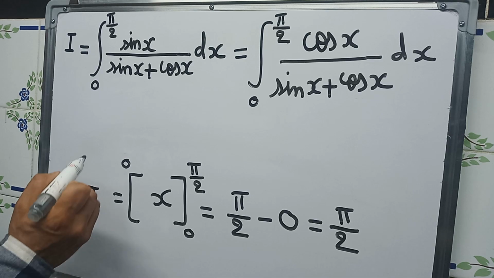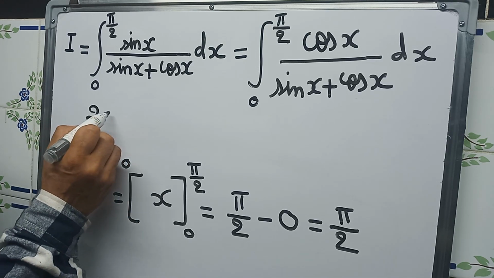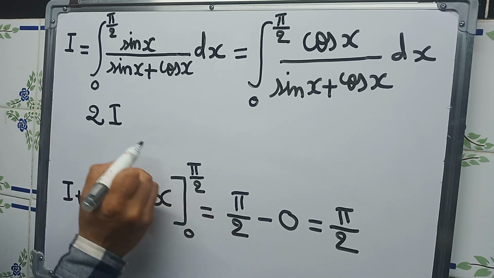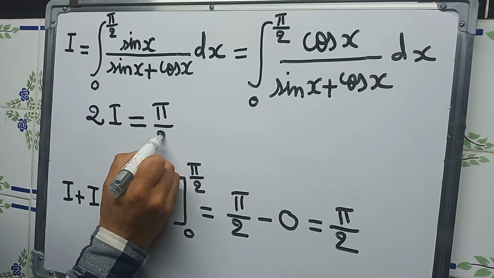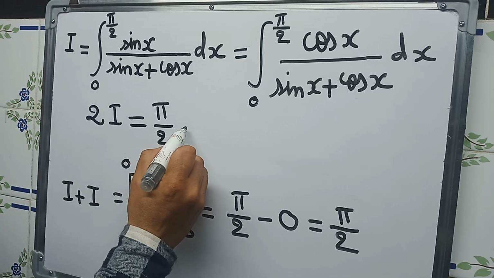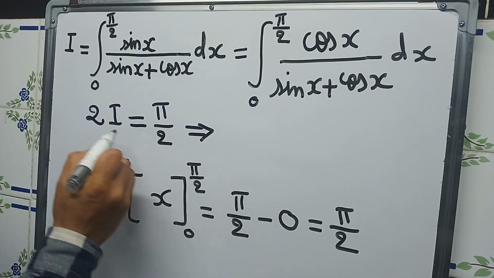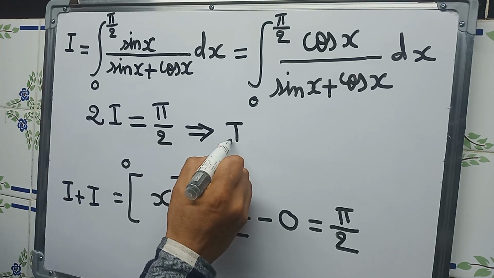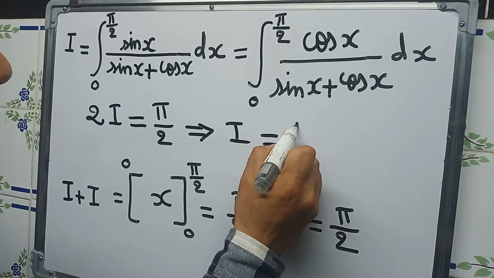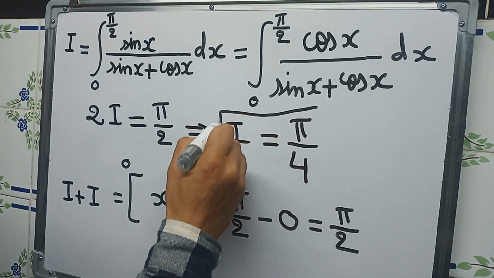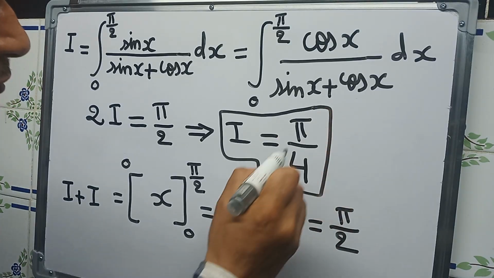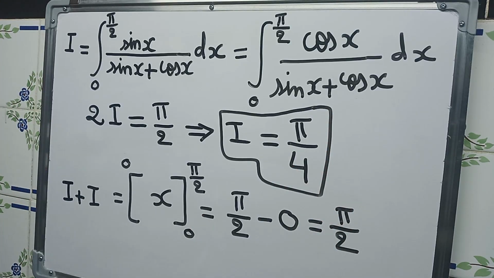So from here, I plus I, which is 2I, is equal to pi over 2. Meaning, of course, just dividing by 2, that I is equal to pi over 4. And this is, of course, the value of our integral. And this, of course, concludes our problem.